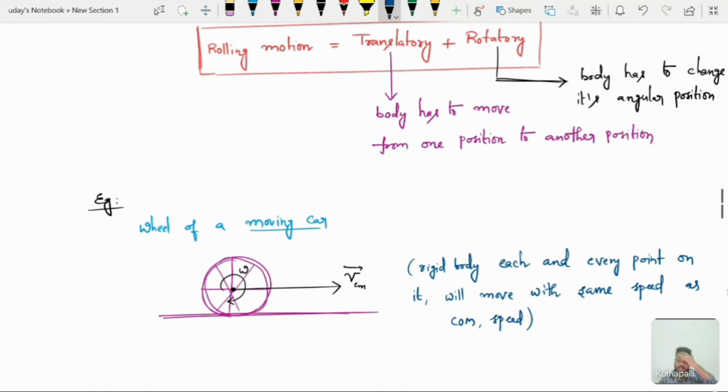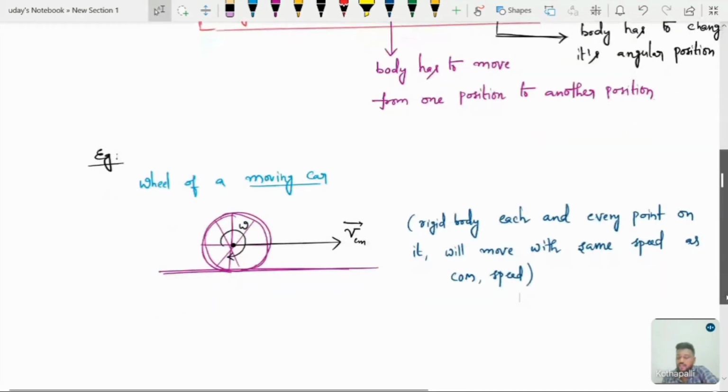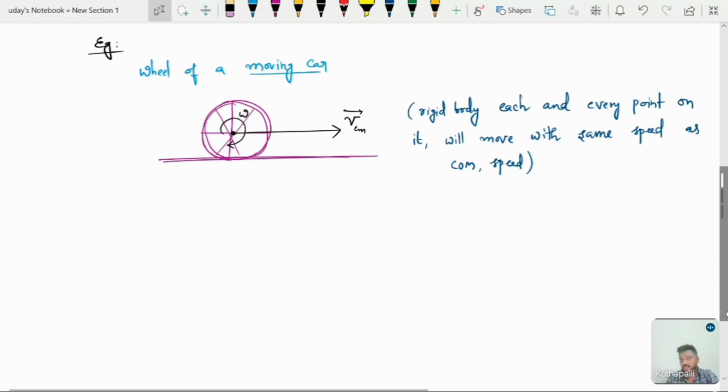And here it also rotates about a fixed point, so angular velocity will be there, but the angular velocity of the entire body will be the same. And from the angular velocity, the expression whatever we write, v equals r omega, that v won't be the same. So velocity of center of mass is different from the velocity achieved by the rotation of the body. That's what we're going to discuss.